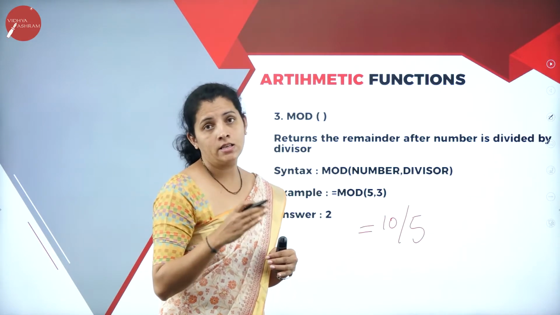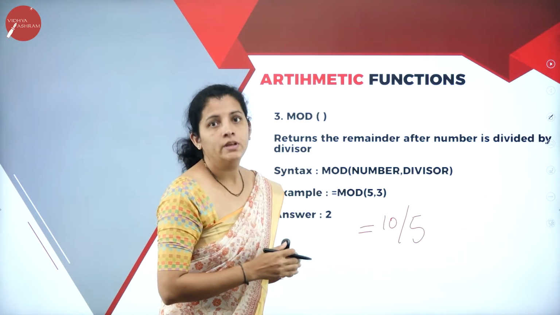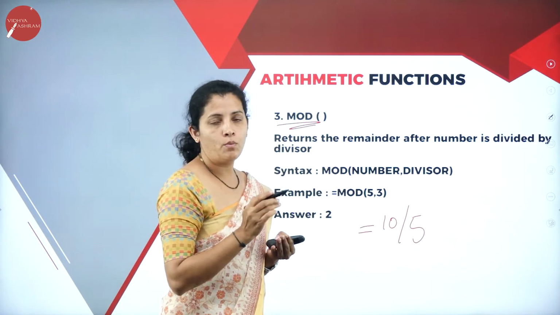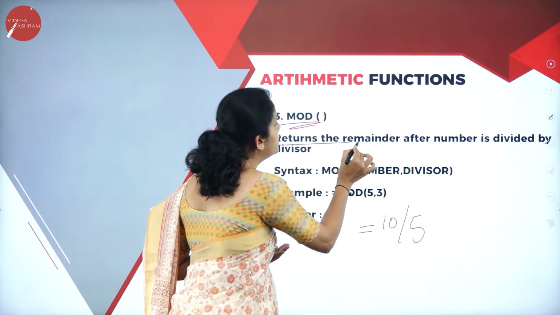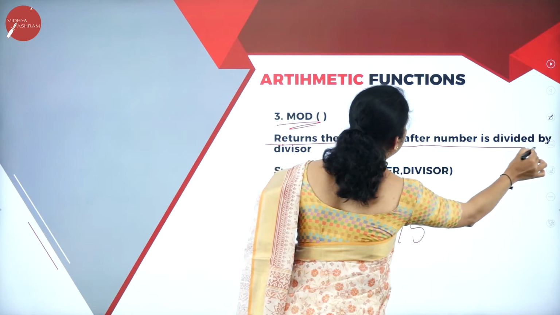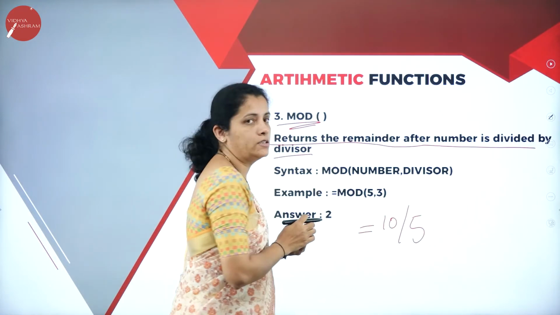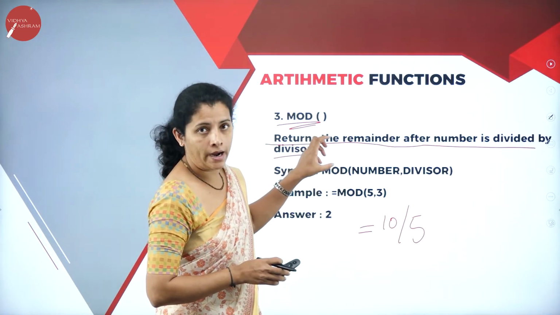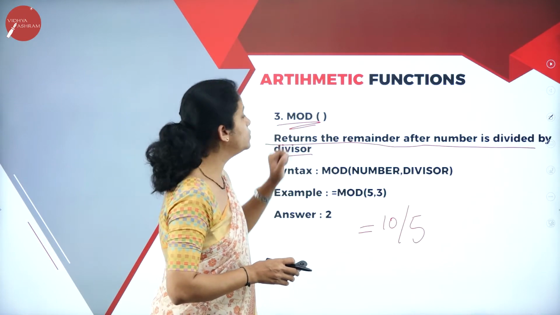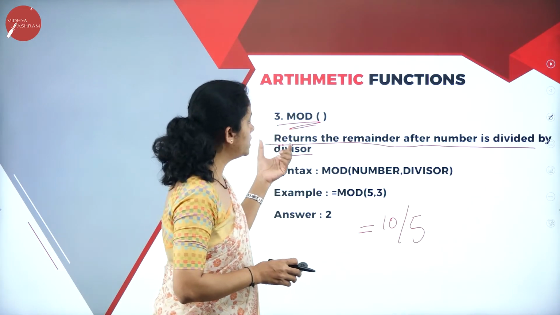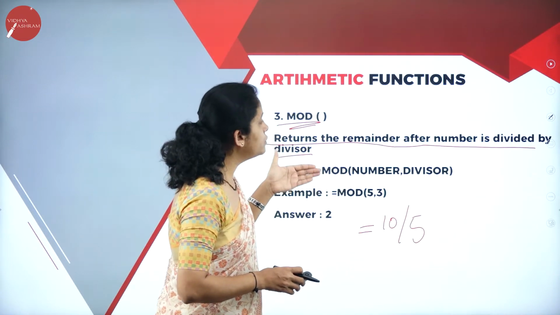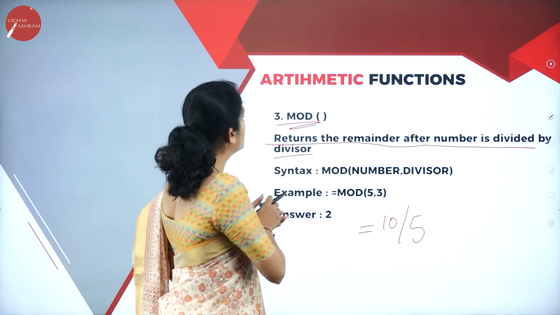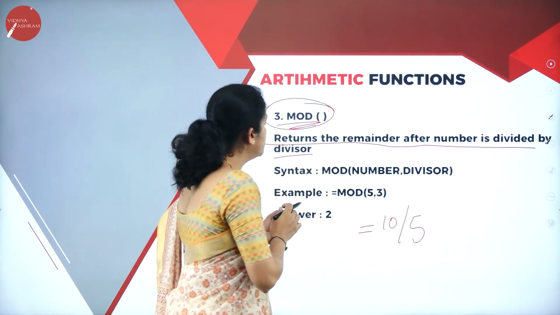But in certain cases, I want the remainder. To get the remainder, I'm going to use the function called mod. It returns the remainder after a number is divided by the divisor. Whenever I require the remainder, I use mod.